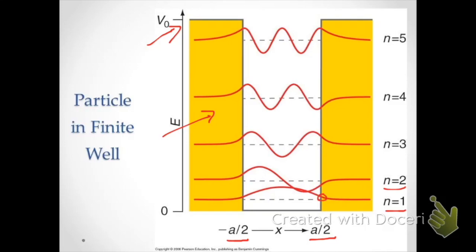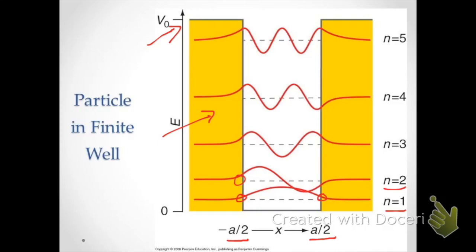We can see this here for n equal 1. Outside the box you can see the wave function is not 0, on both sides of the box, and the same thing for n equal 2, etc. So we do have these regions outside the box where there is a non-zero probability.